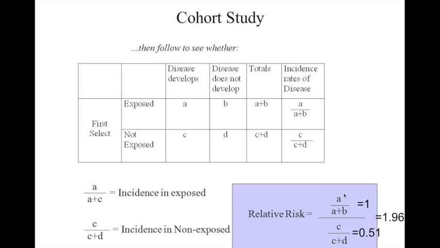You can't, because even if the exposed group were 100%, even if everyone in the exposed group developed the disease, which means B would be 0, you still don't get to a relative risk of 2. The maximum theoretical possible relative risk is 1.96 in this case.